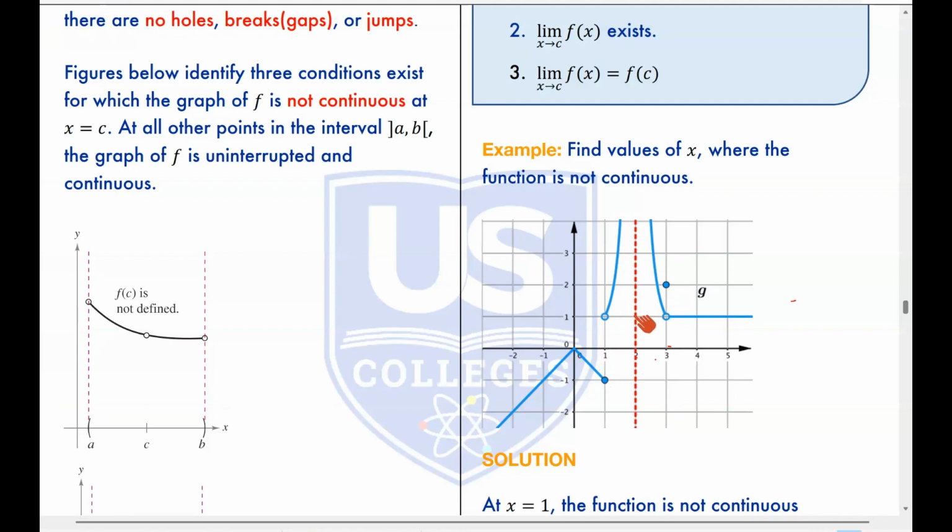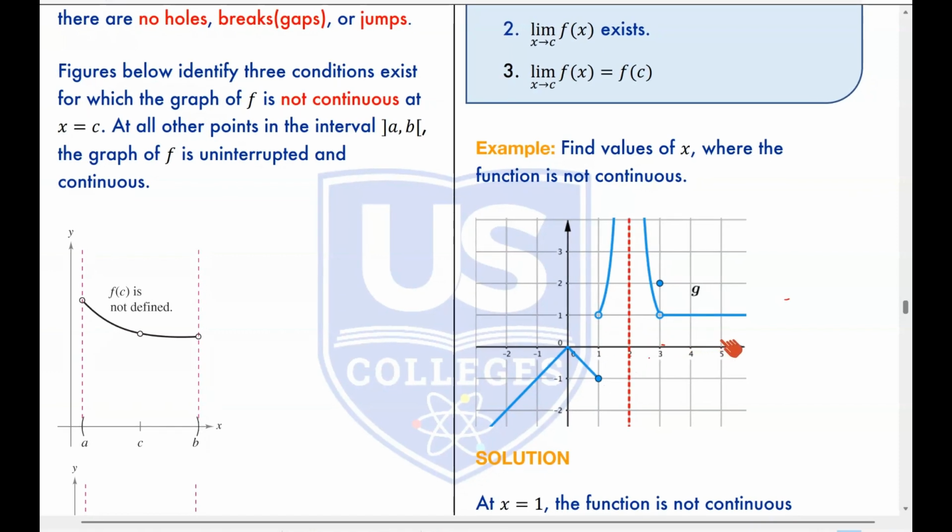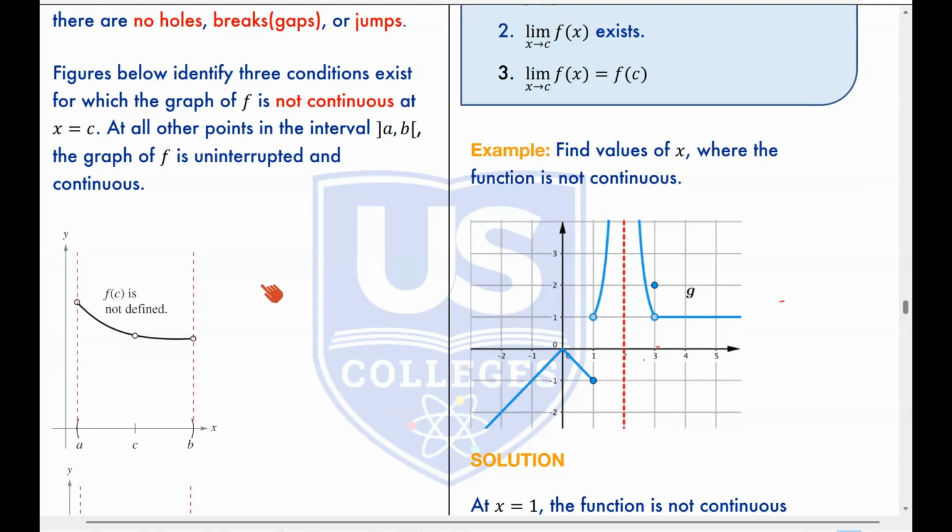So here are the situations where the function is discontinuous. That graph is discontinuous at those 3 points only. Everywhere else, the function is continuous. Just because we have discontinuity at these 3 points doesn't mean that the whole function is discontinuous everywhere.